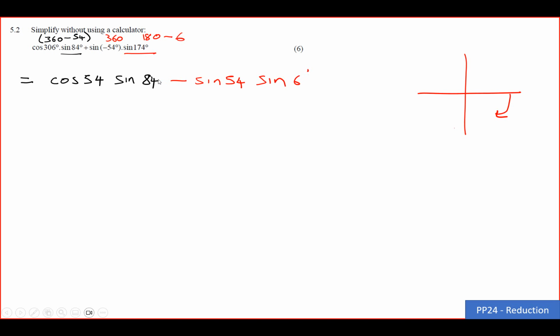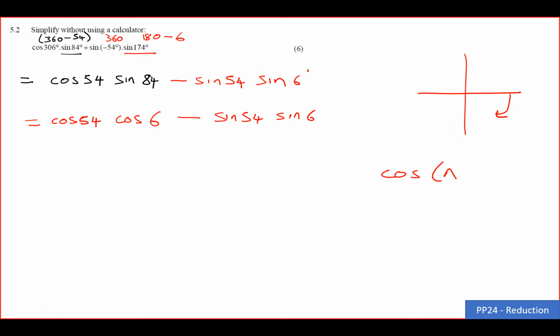We have 84 and we have 6, so we can use co-ratios. Remember, co-ratio means 90 minus 84, which is 6, and the name from sine will change to cos. So we've got cos 54 cos 6 minus sine 54 sine 6.